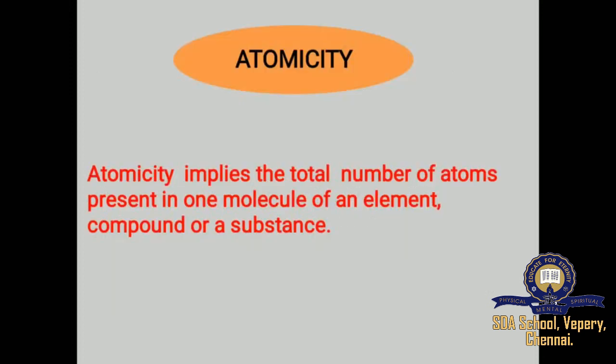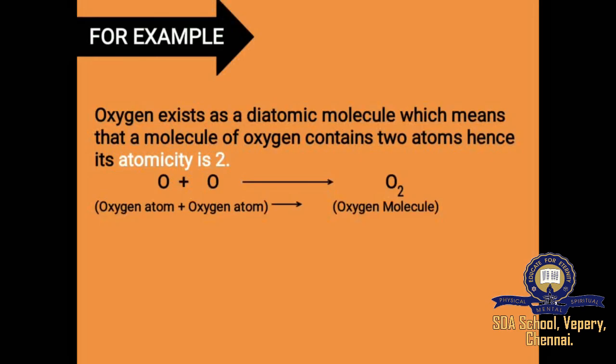Next is atomicity. Atomicity implies the total number of atoms present in one molecule of an element, compound or a substance. Here is an example. Oxygen exists as a diatomic molecule, which means that a molecule of oxygen contains two atoms, hence its atomicity is 2.